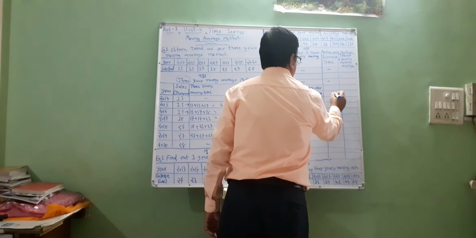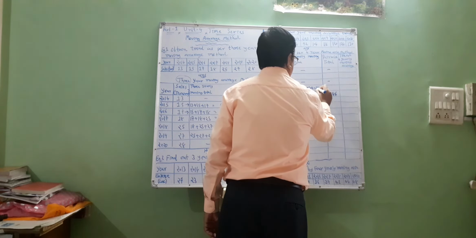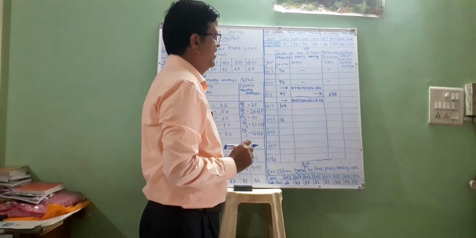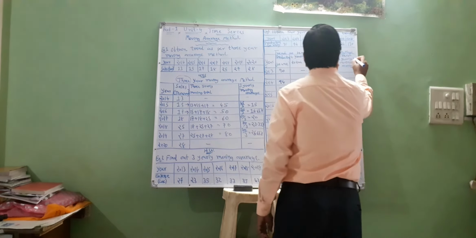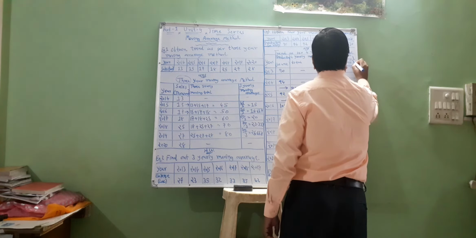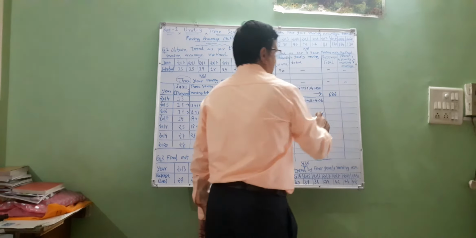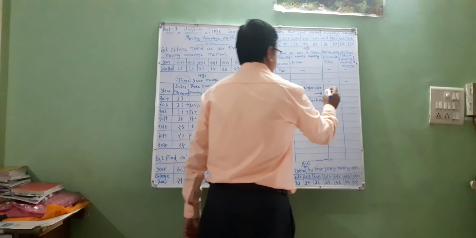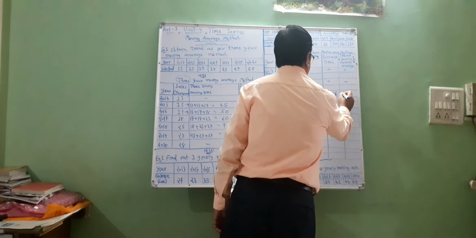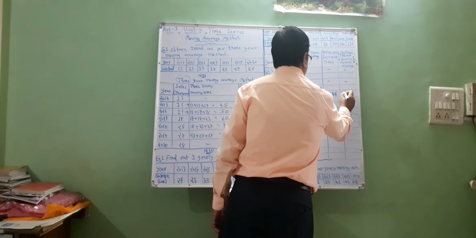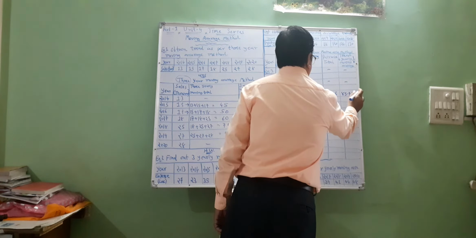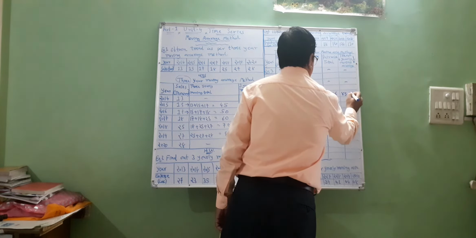So pairwise total is 686, and then divide this by 8, then we can receive the 4-yearly moving average. 686 divided by 8, friends, is 85.75.